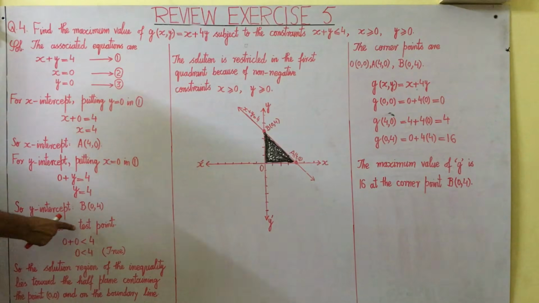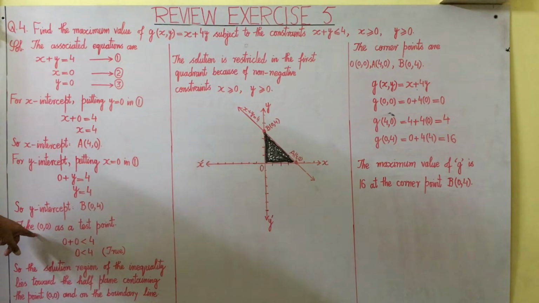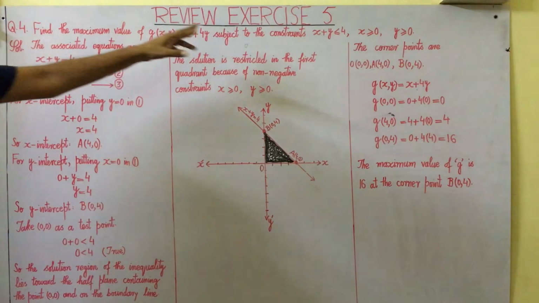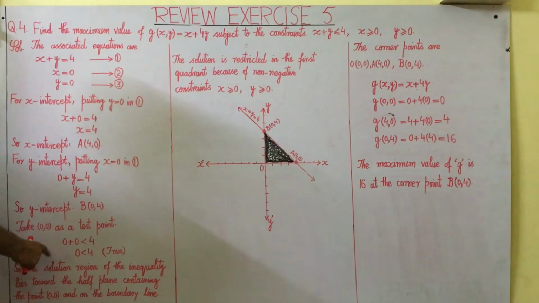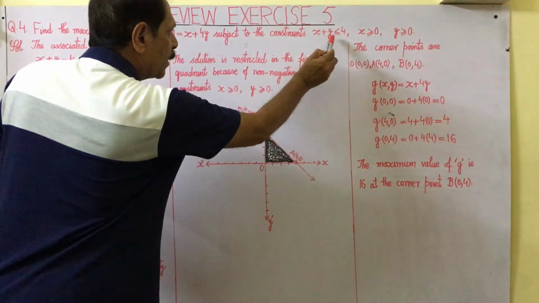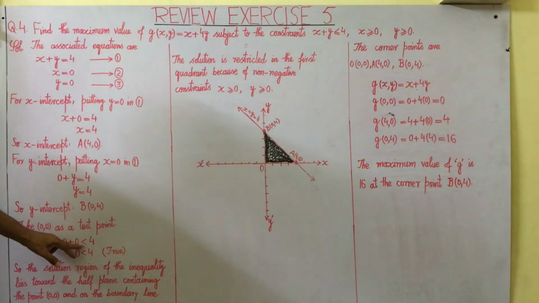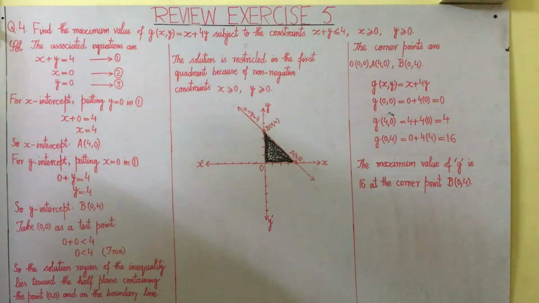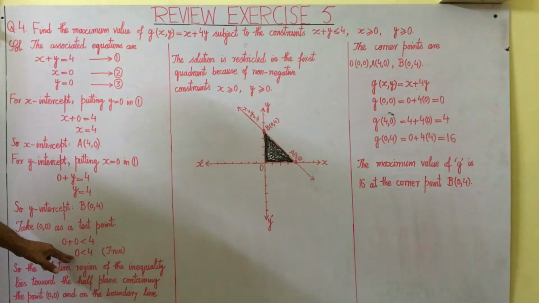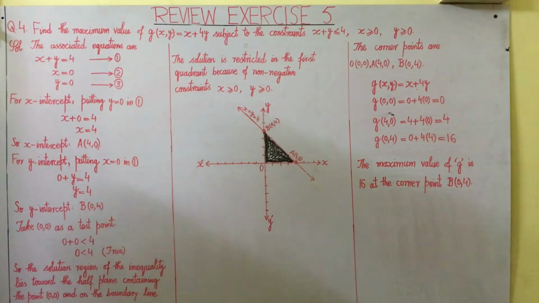Take (0, 0) as a test point and put (0, 0) in the inequality x + y ≤ 4. 0 + 0 is less than 4, because 0 is never equal to 4, so it is true.